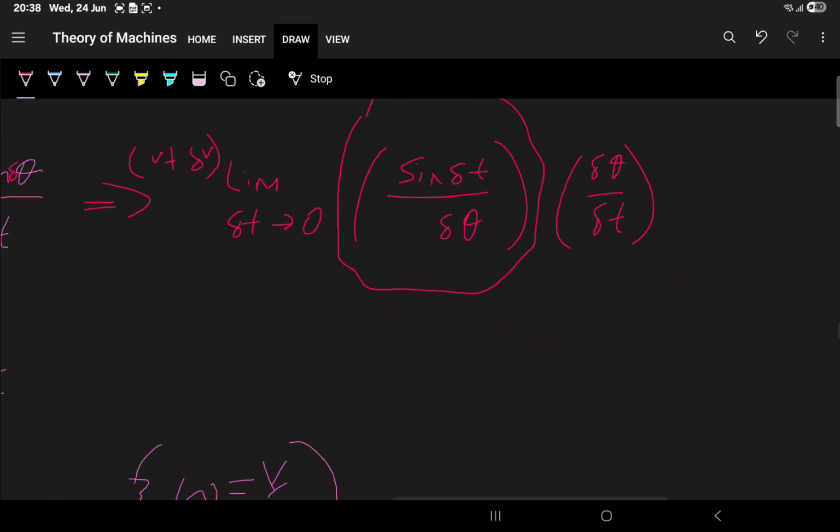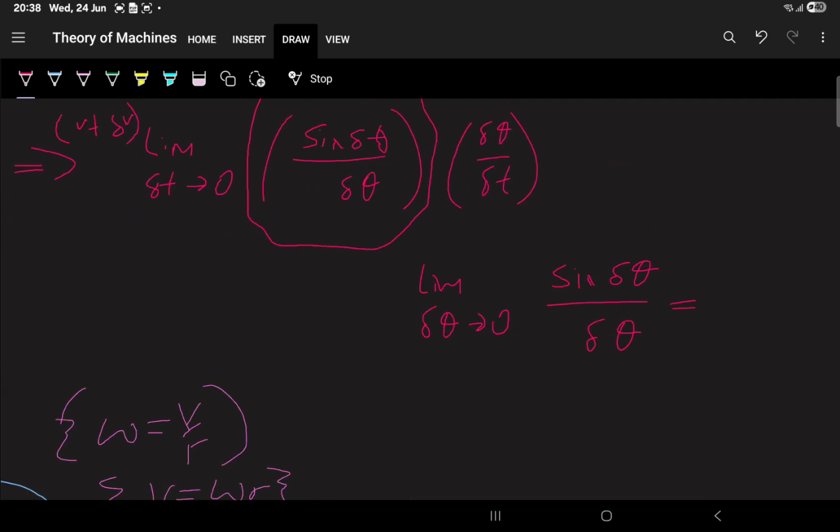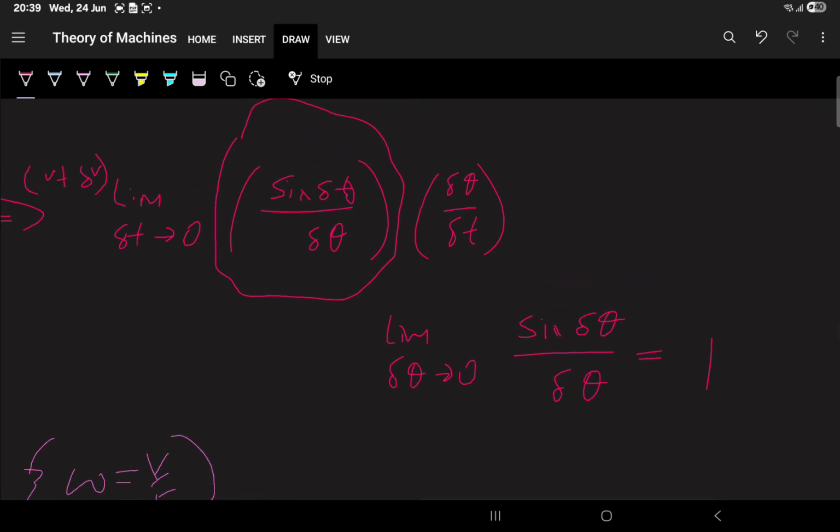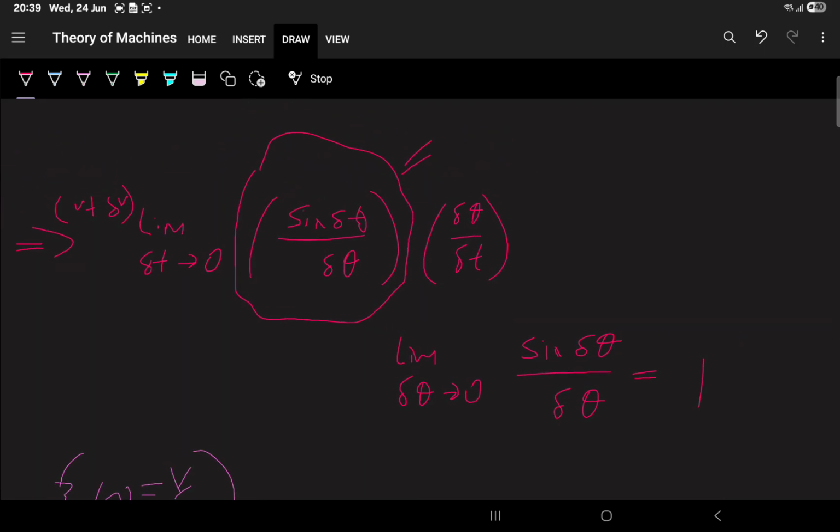Remember, we agreed that as delta t approaches 0, delta theta also approaches 0, which means limit as delta theta approaches 0, sine change in theta divided by change in theta, and from calculus we know this is simply 1.